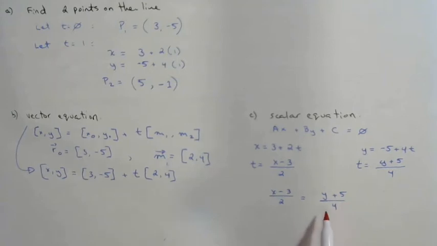So I'm going to end up multiplying both sides by 8, which over here is going to give me 8 divided by 2 is 4, so I'm going to have 4 times x and 4 times -3. That's going to give me 4x minus 12. Over here, multiplying by 8 is going to give me 8 over 4 times y plus 5.